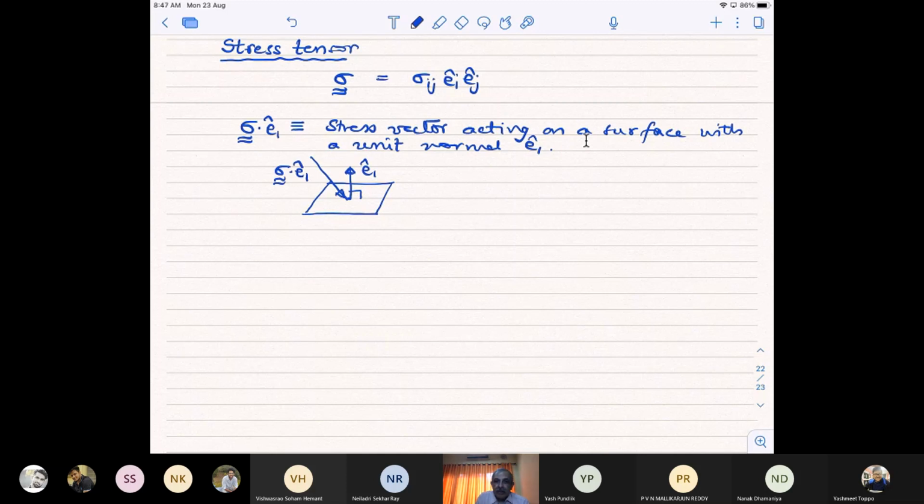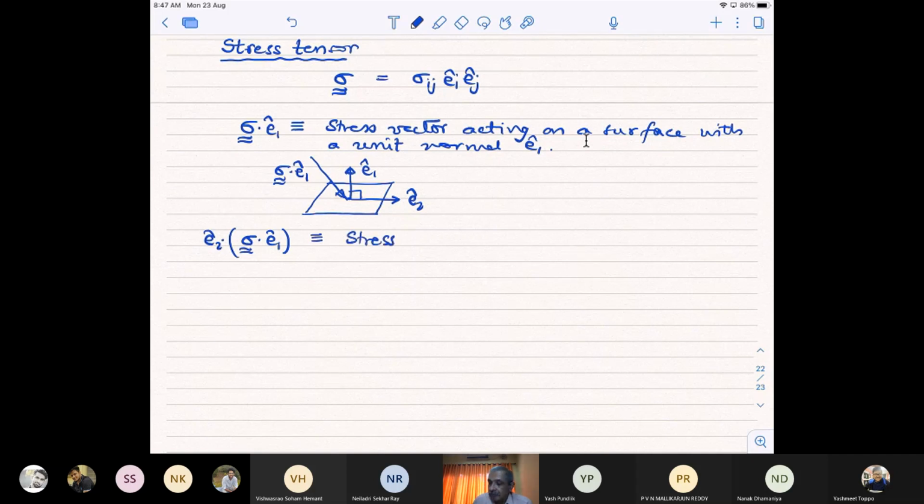And then if we take this direction to be E2, the second coordinate direction, then sigma dot E1, and then we dot it with E2, this is nothing but the stress.